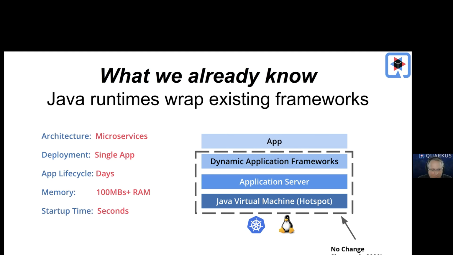Okay, and I am going to pause here and answer a question. Is Quarkus supported from Java 11, or can it work on 8? It works on 8, but we're really trying hard to move up to 11.